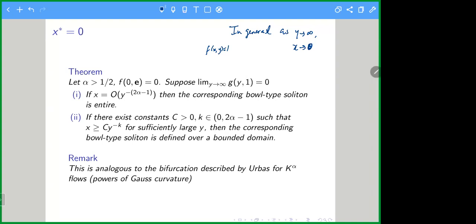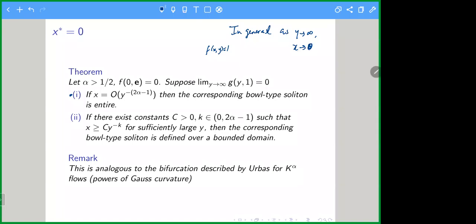So I have two theorems here, two conditions that say that if as y goes to infinity, x goes to 0 really quickly, which I give a precise condition for here, as to how quickly it must go to 0, then if it's too quick, the solution is an entire solution.